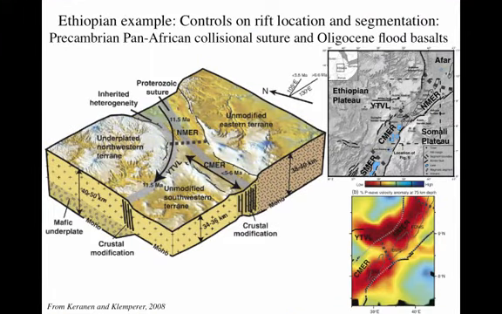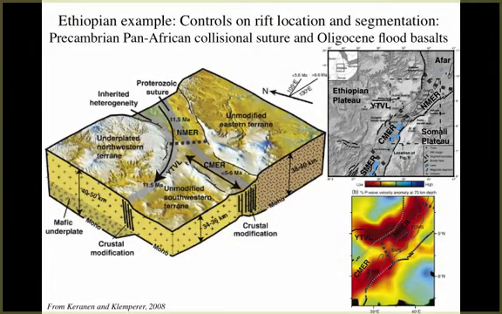We can look at Ethiopia as an example and look at the controls on the rift location and the segmentation. In Ethiopia, we're looking at older crust that contains structures like Proterozoic sutures that were part of the Pan-African collision, and those form weaknesses within the crust.